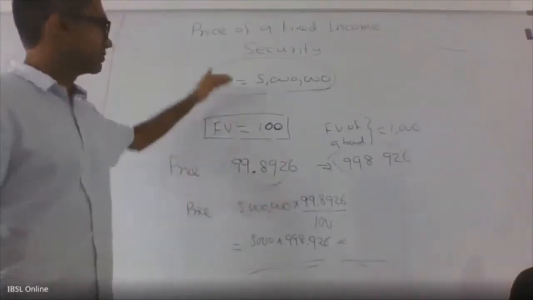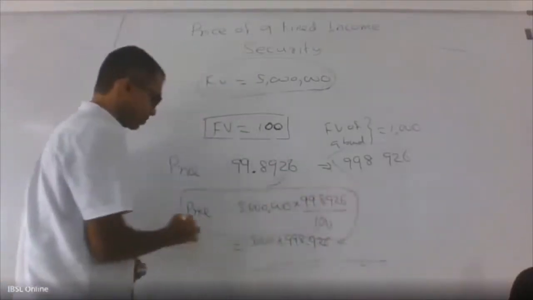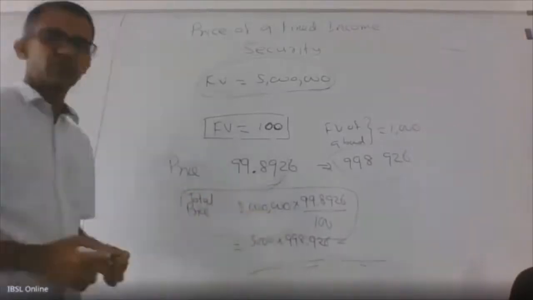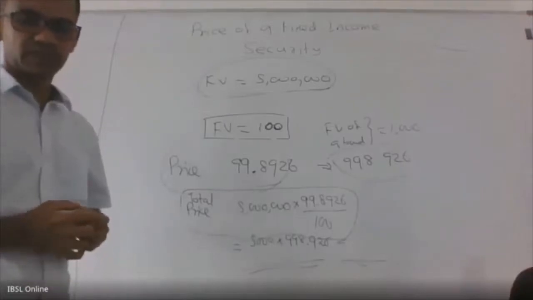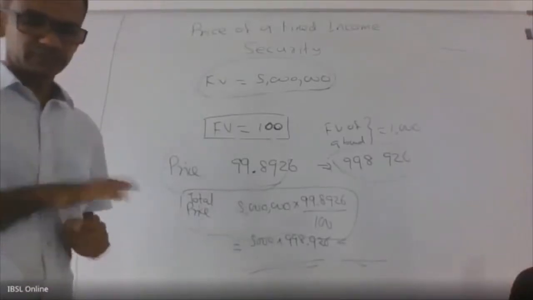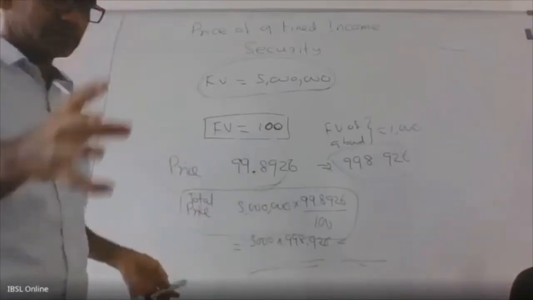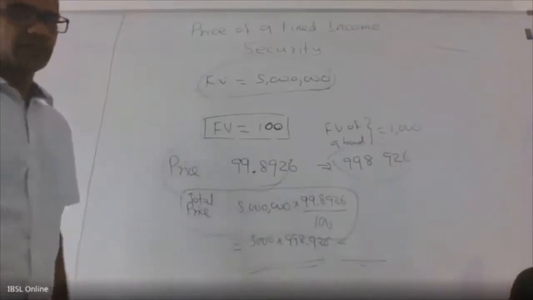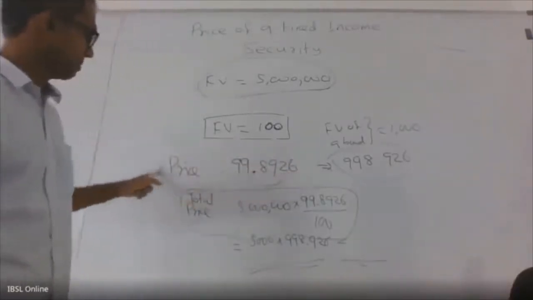So based on the face value, we can calculate the total price that you have to pay or that you would receive. Clear? Number of units and the amount in terms of rupees, there's a difference, and the price is expressed as a percentage.